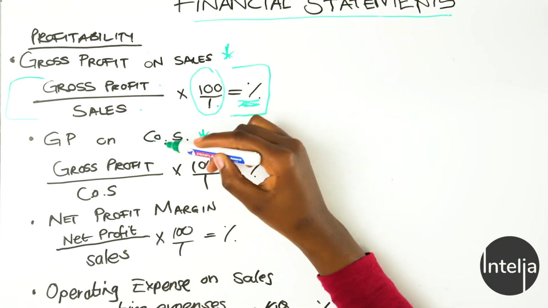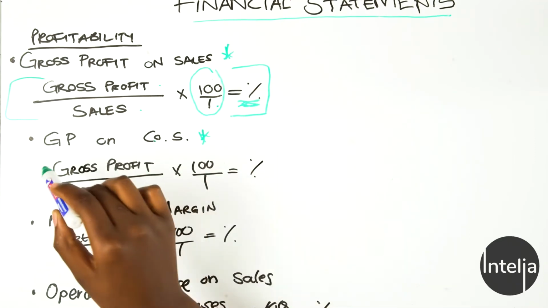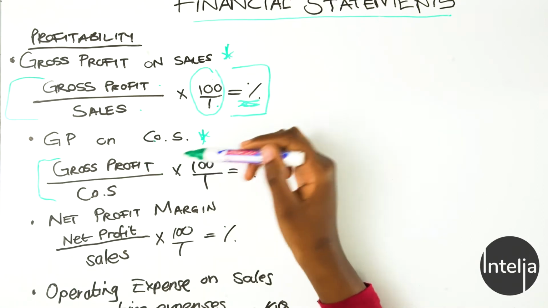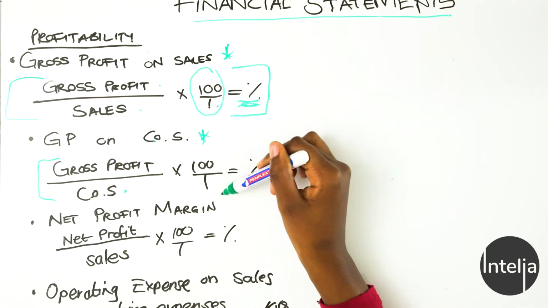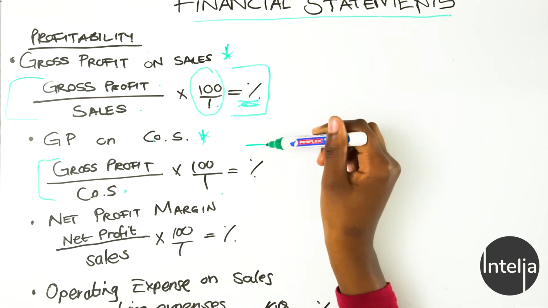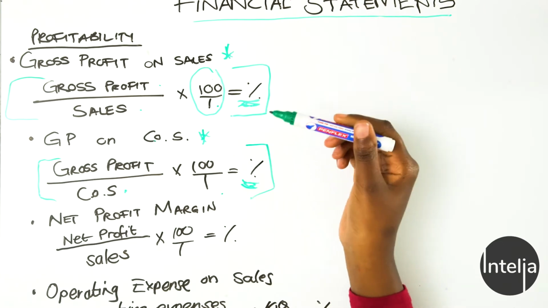I just abbreviated that, but that is cost of sales, so COS. The calculation is gross profit over cost of sales multiplied by 100 over 1, or it can just be 100, and this will give us the percentage that we need.